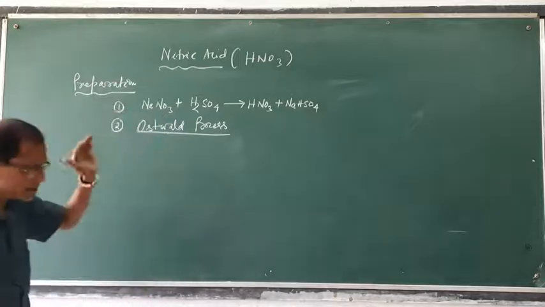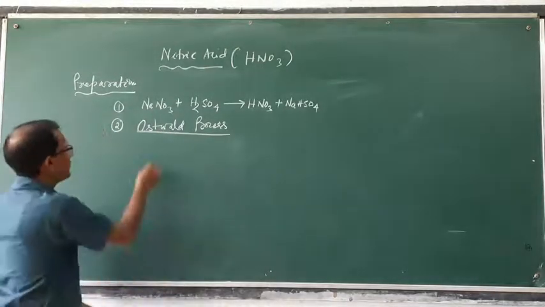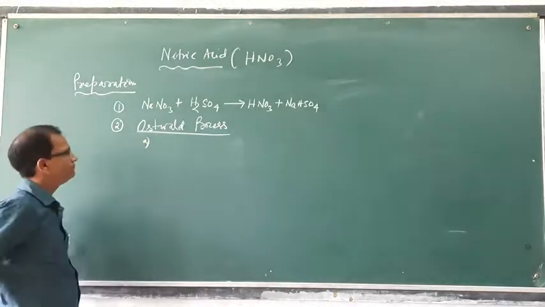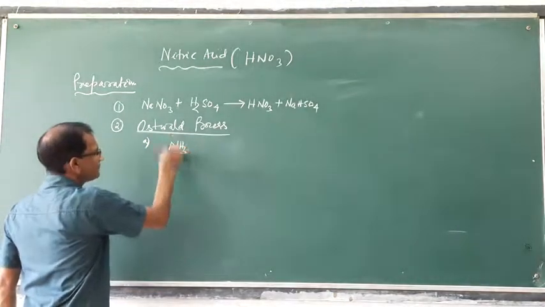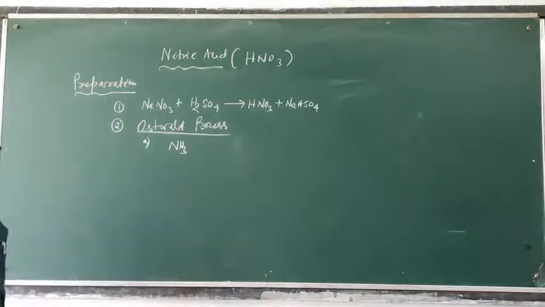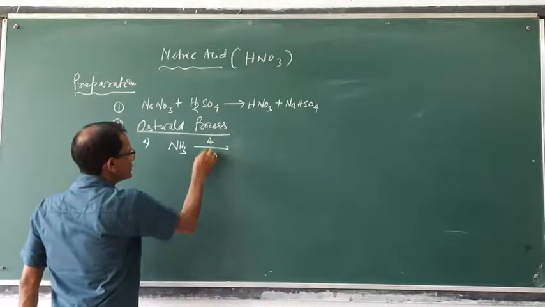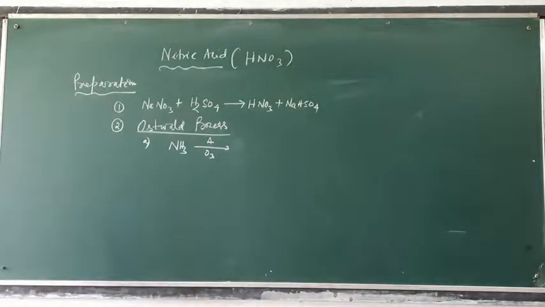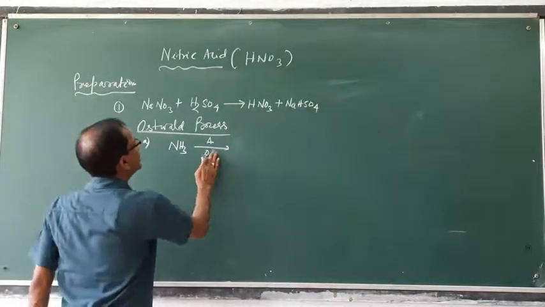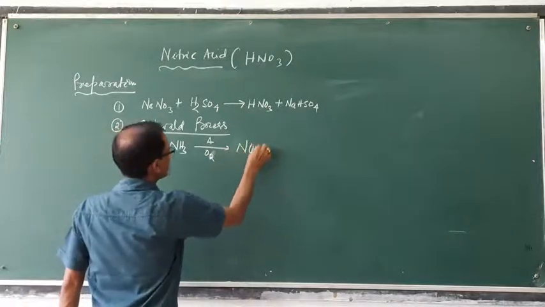And what are the steps involved in the Ostwald process? Let us discuss. In the first step, ammonia gas is taken. Then ammonia gas is heated in the presence of oxygen, and it is converted to nitric oxide and water.